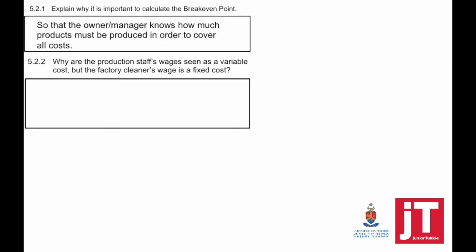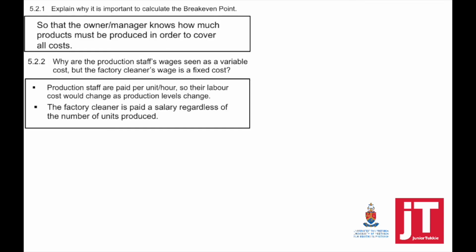Why are the production staff's wages seen as variable cost, but the factory cleaner's wage is a fixed cost? Production staff are paid per unit or per hour, so their labor would change as production levels change. The factory cleaner is paid a salary regardless of the number of units that is produced.